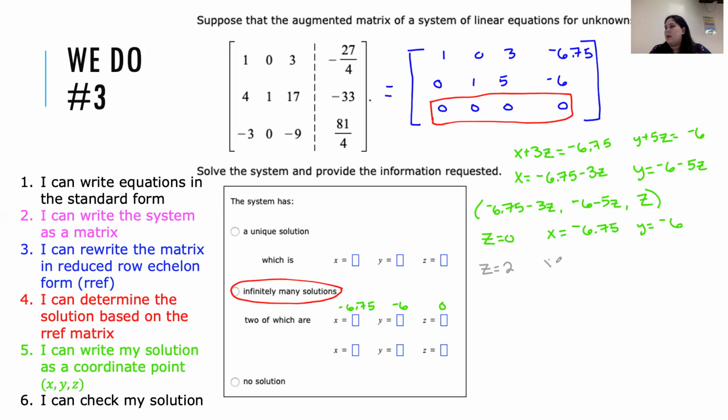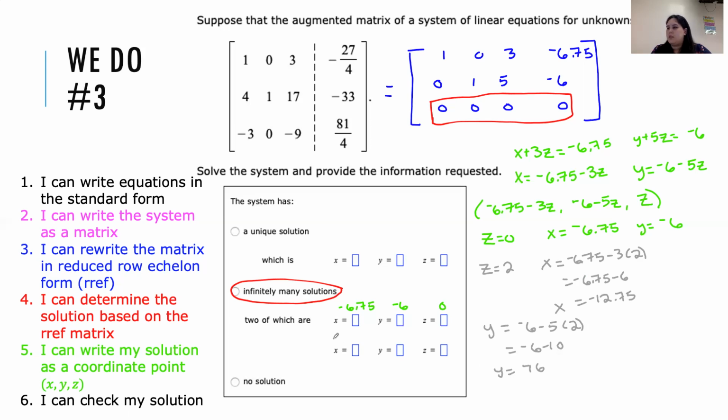For x, I would go ahead and substitute that in. So negative 6.75 minus 3 times 2. And that would get me negative 6.75 minus 6, which is negative 12.75. And then for y, we would use negative 6 minus 5 times 2, which is negative 6 minus 10, which is y equals negative 16.